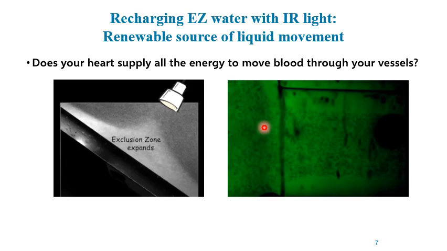The blood is a suspension because it has all the cells and all the stuff diluted or floating around in the blood, right? And all this movement of blood is happening inside of vessels that can be representative of phase separations. So now the question is, if light can make this water move through a tube, is it possible that light can also make our blood move through our blood vessels in an easier way?